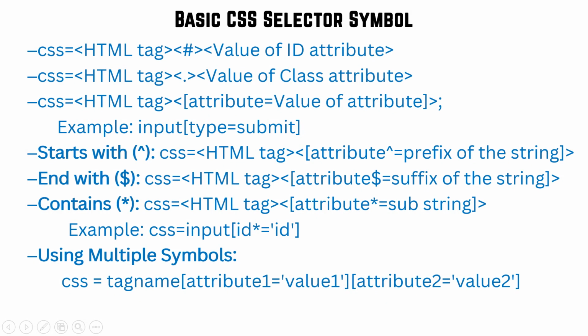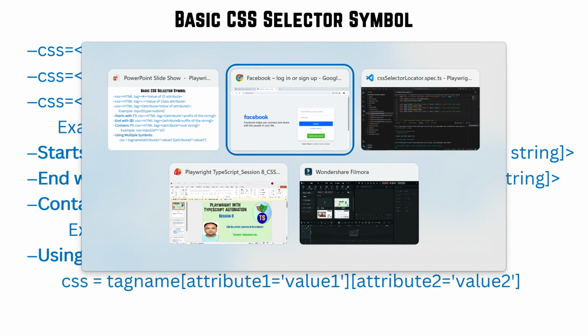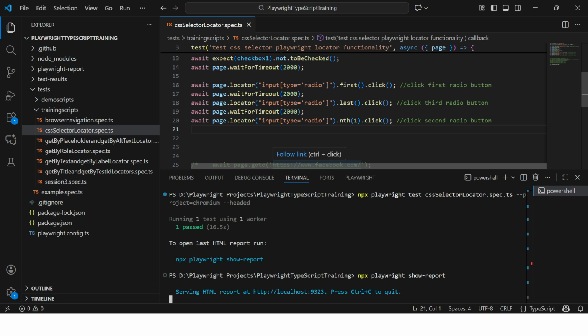In case you know the attribute is not a fixed part, like it has some dynamic and constant part, you can take the constant or fixed part and go with starts with, ends with, or contains. And you can also create your CSS selector the normal way, where multiple elements may be visible, but you can use first, last, and nth index. Using the index option, you can find the element uniquely, and then you can do the operation. So that is the way.